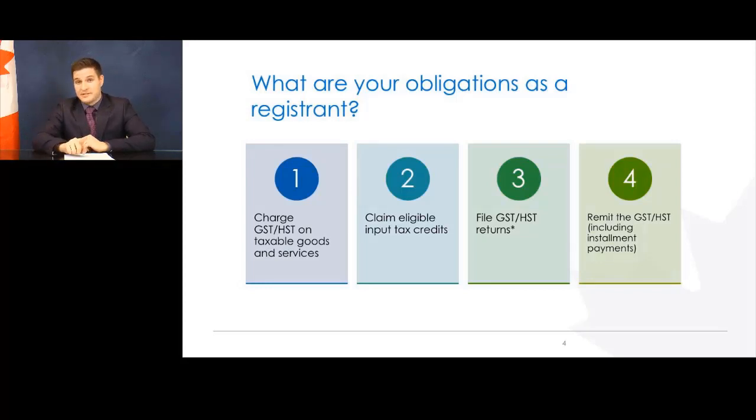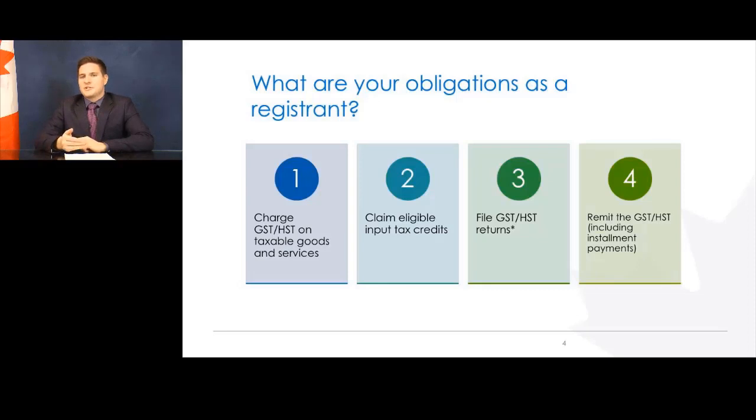The exception to this is the small supplier. You are a small supplier if the total value of what you sell is less than $30,000 during any calendar quarter and in the last 4 consecutive calendar quarters. If you are a public service, you're a small supplier if the value of what you sell is less than $50,000 during any calendar quarter.